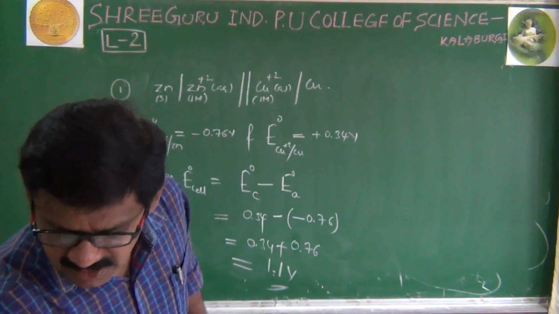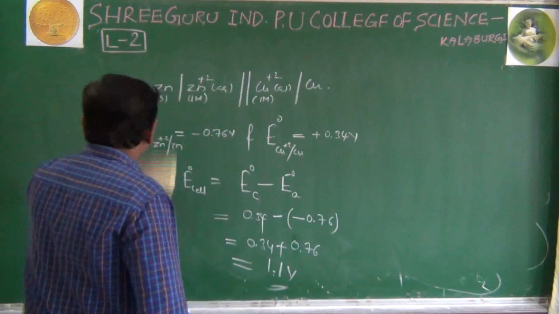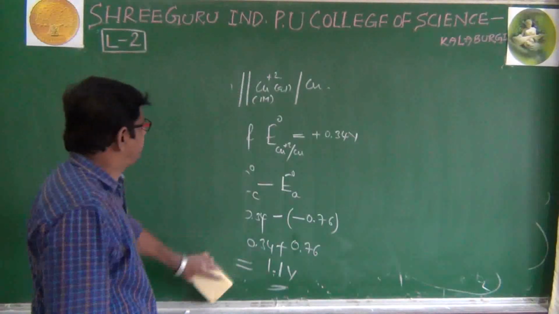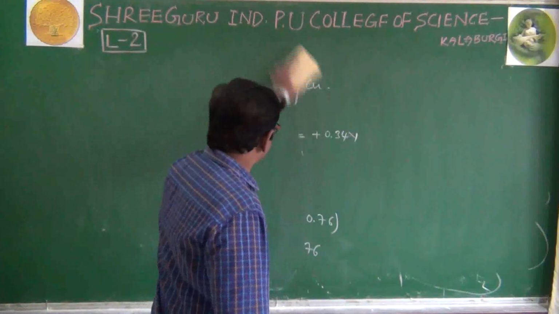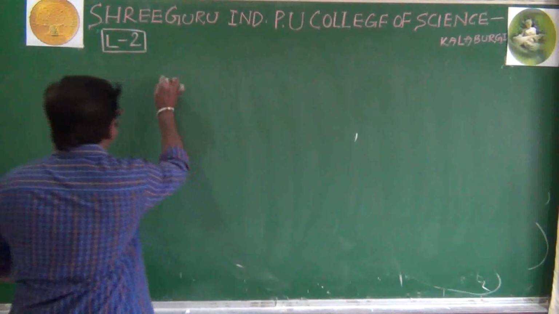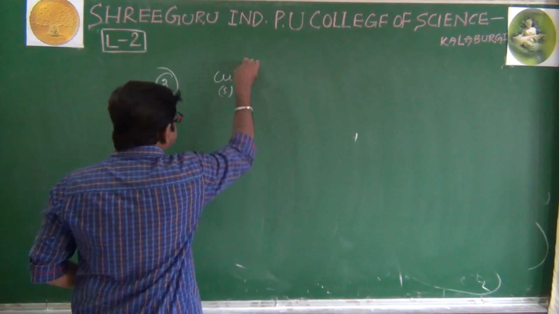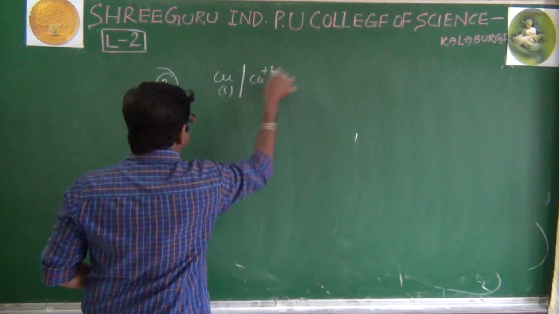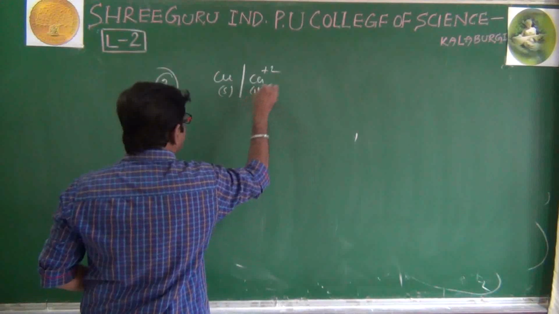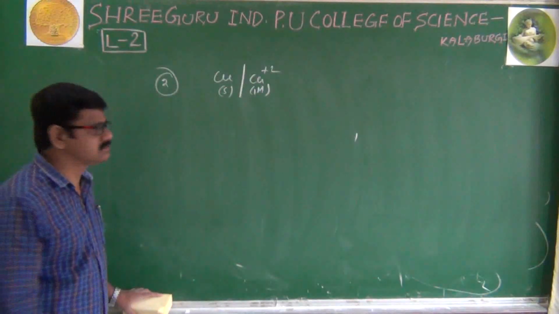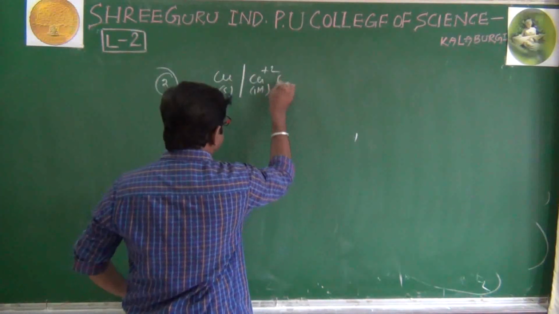Next we will discuss another problem. Now here Cu oblique Cu plus 2, once again I am maintaining 1 molar concentration, a 1 molar solution of copper sulfate.